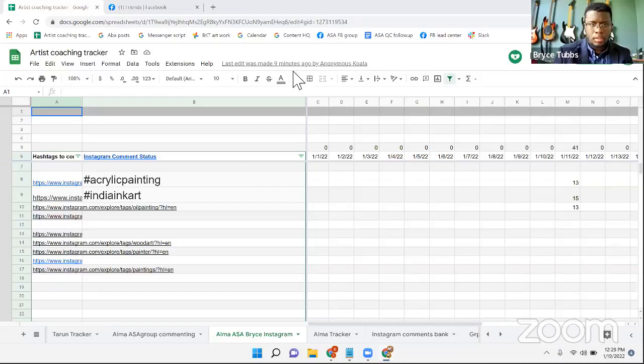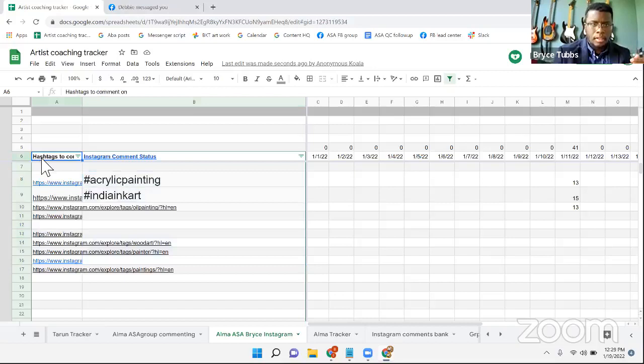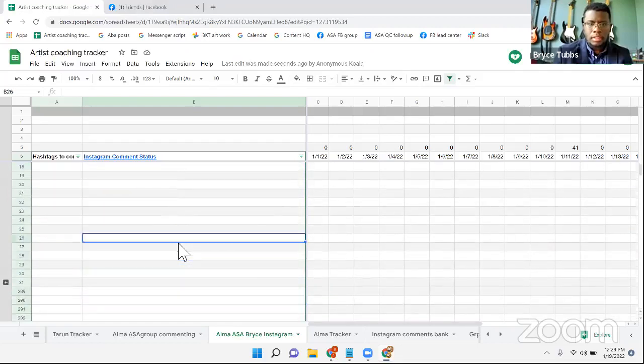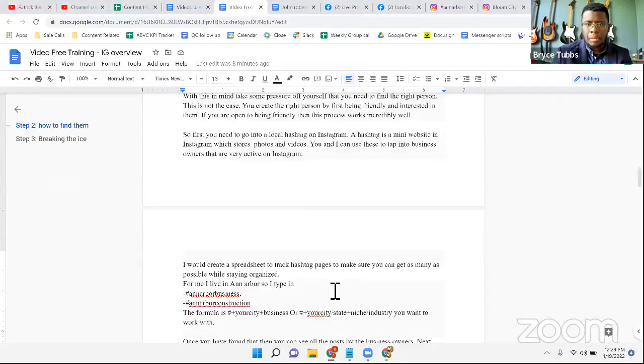Very simple. On the one hand, the hashtags; on the other, a really easy way for you to track. You can track hundreds of these different things. It doesn't have to be complicated. It can be very, very simple, guys. Keep everything as simple as possible, and you just make a lot more money.